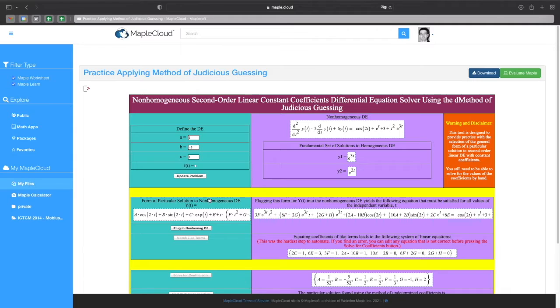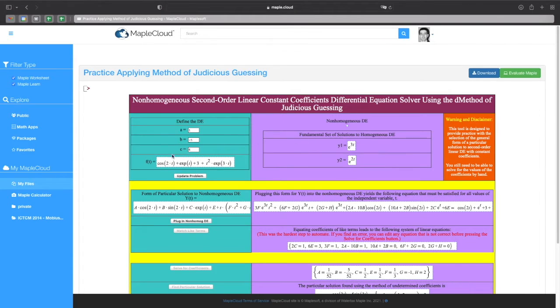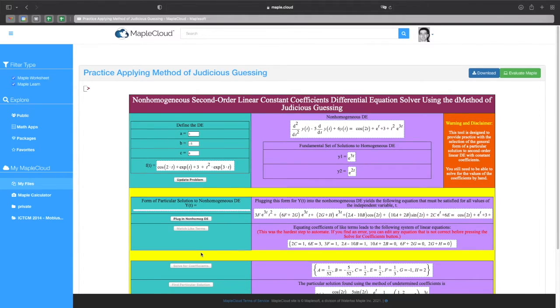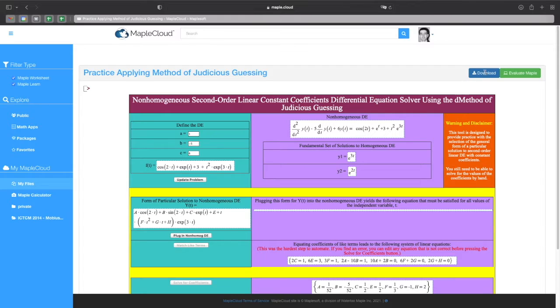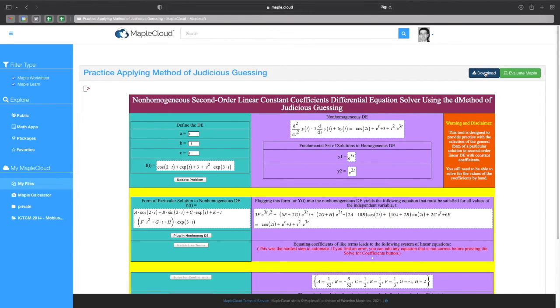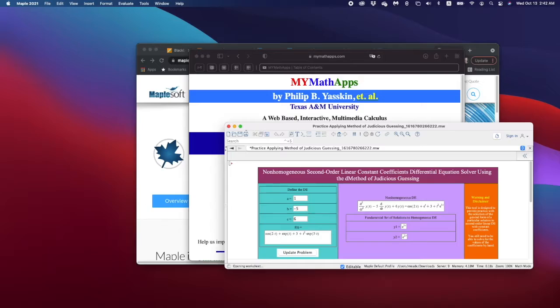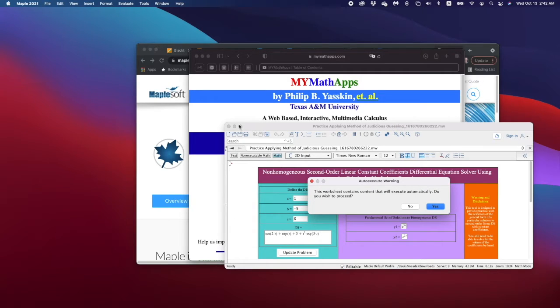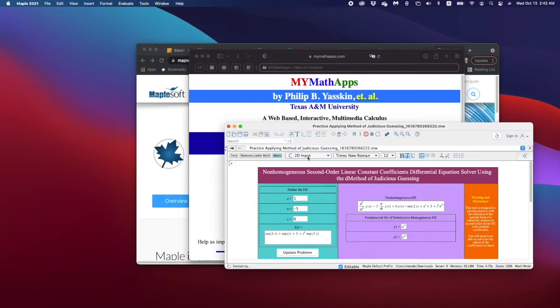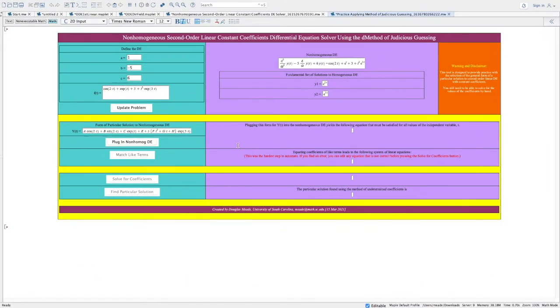And here it is in the browser, and I can also download it to my computer. So again, we see that there's a startup code region where everything is defined. You see some of the same gaudy colors that I had in the previous one. You still see this general table layout.